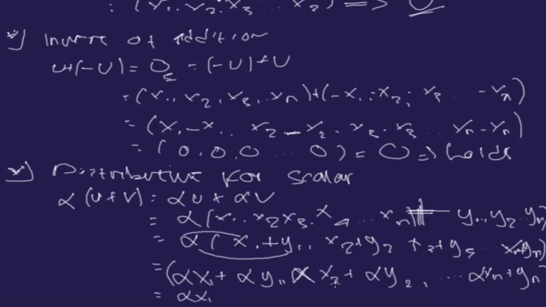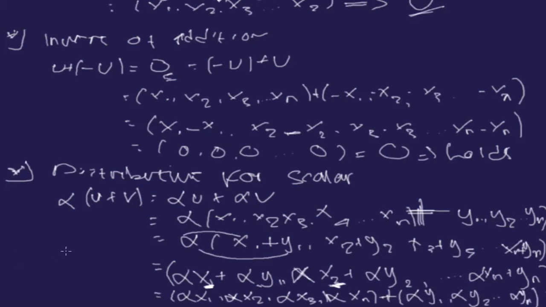We spread this one, so we gather the x components, the members of the u factor, together in the first term. So it will be alpha x1, alpha x2, alpha x3, up to alpha xn, plus alpha y1, alpha y2, and alpha yn.